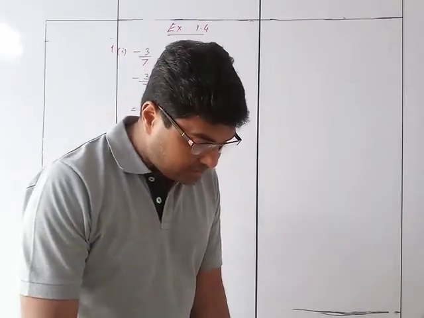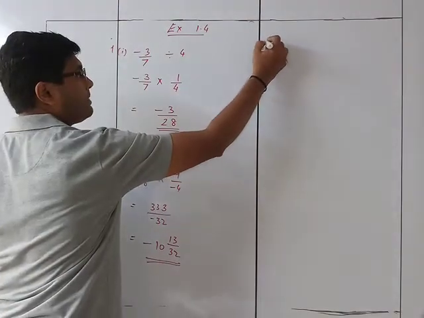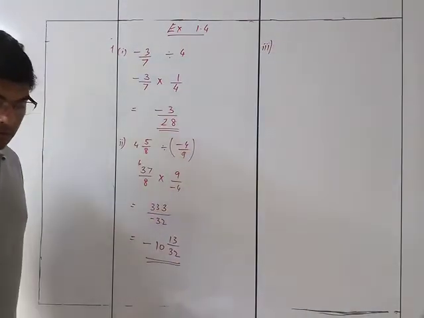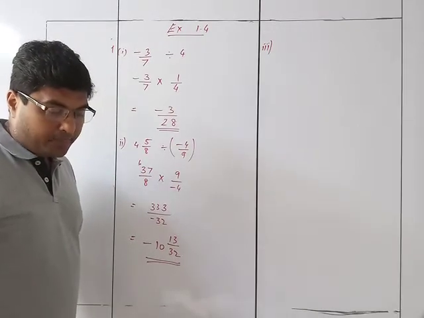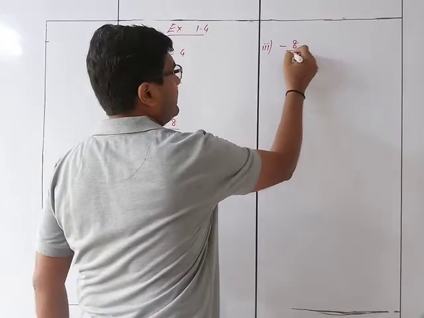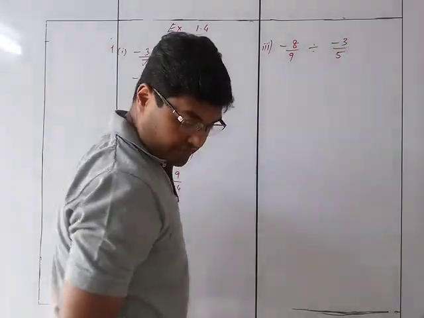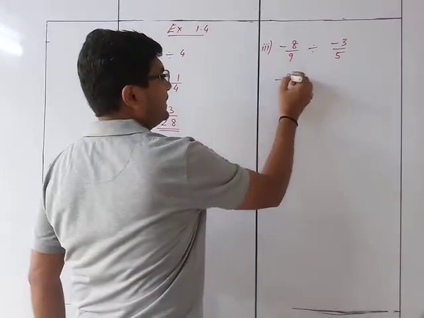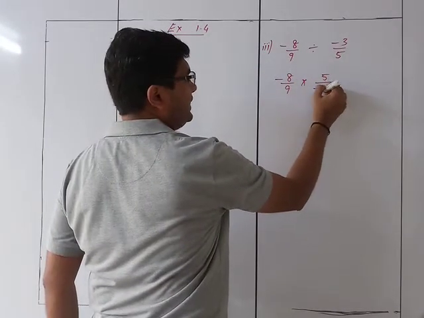Next one is question number 3. The question goes minus 8 upon 9 divided by minus 3 upon 5. So that makes it minus 8 upon 9 into 5 upon minus 3.